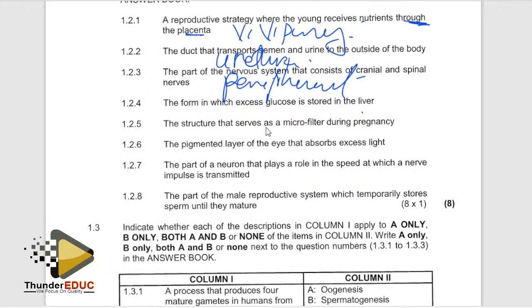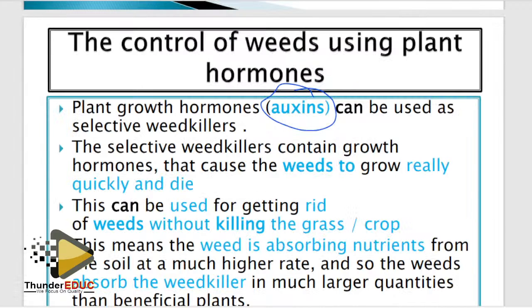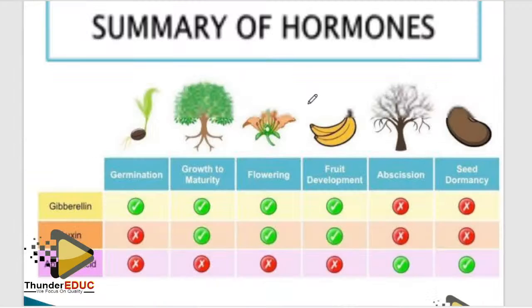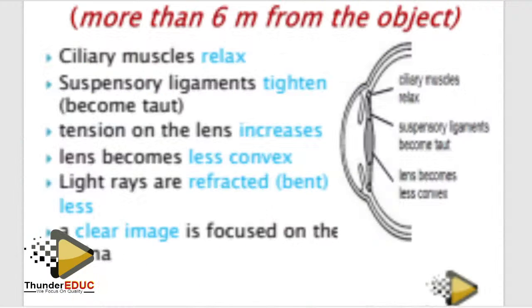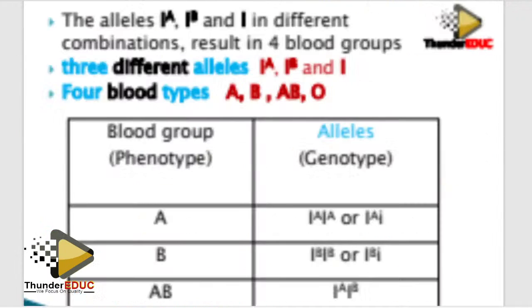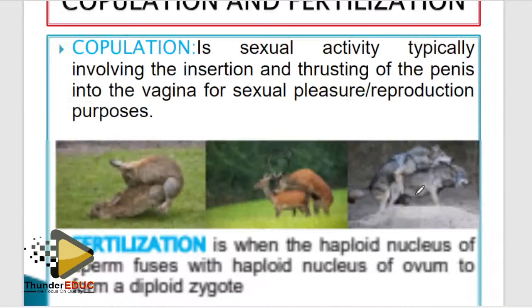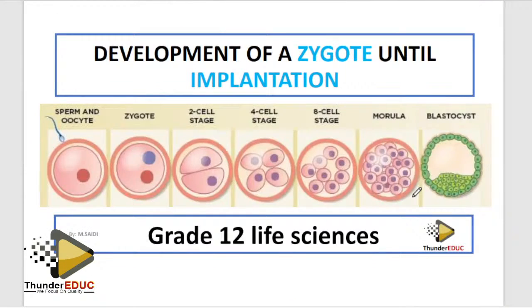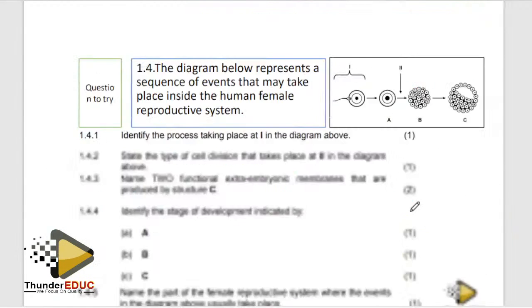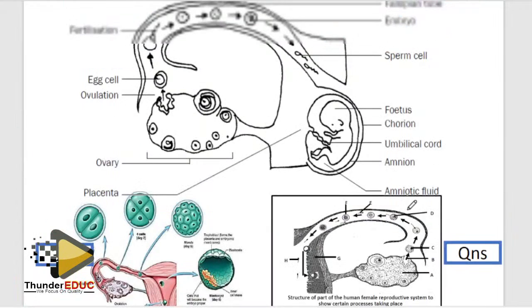The structure that serves as the microfilter during pregnancy, we call it, let me show you guys so that you understand it better, because I saw that some people were confused, but we talked about it yesterday in our distinction material. Yes, it's here. Did we talk about it here? Yes.